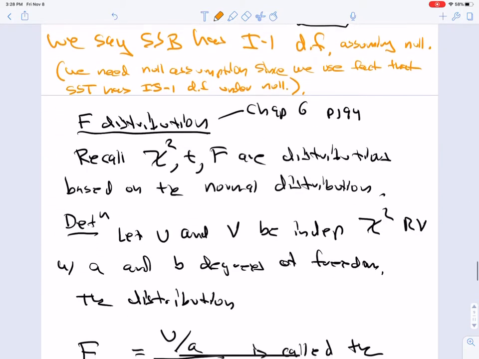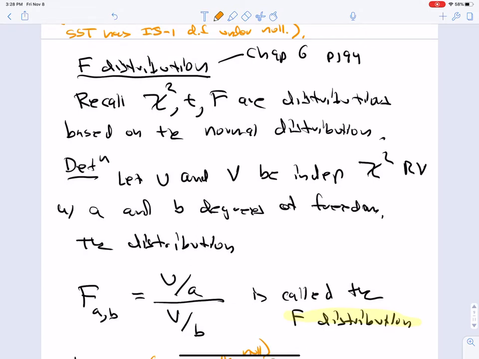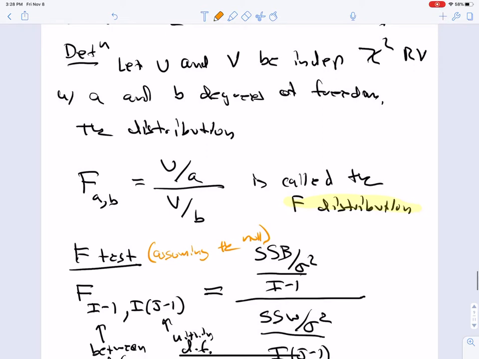So now to put this all together with the F distribution, as defined in chapter 6, U and V are independent chi-squared random variables with A and B degrees of freedom. Then the distribution F_AB, so this F distribution has two parameters. It's the ratio of U divided by its degrees of freedom and V divided by its degrees of freedom.